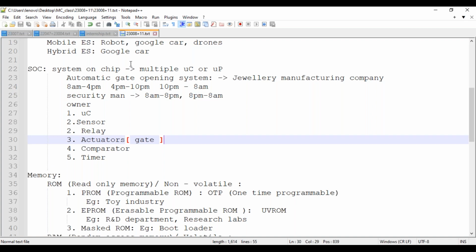If you cannot handle multiple functionalities in a single chip, you are going to take more microcontrollers. Picking more microcontrollers is a challenging task, so you are going to pick a board which has multiple microcontrollers already connected to each other. So we are going to make use of a system on chip if the number of functionalities to be implemented is more.